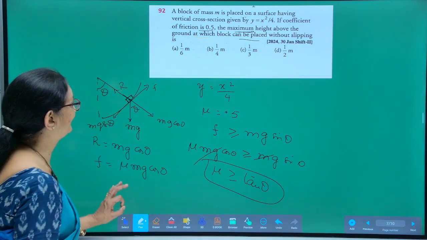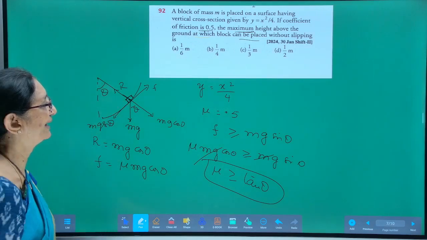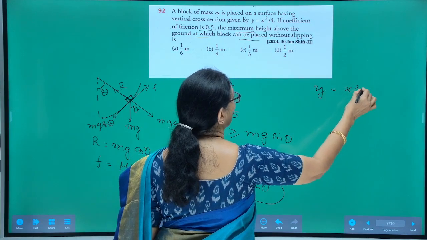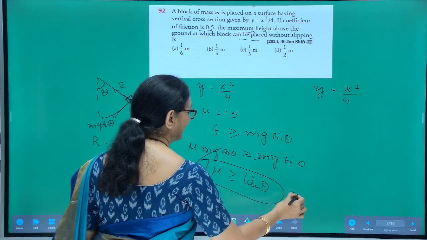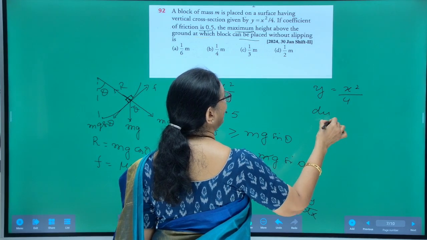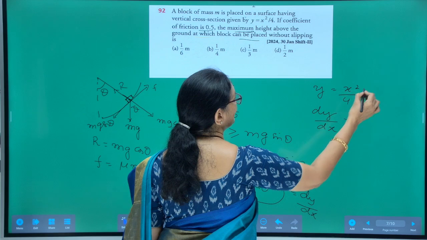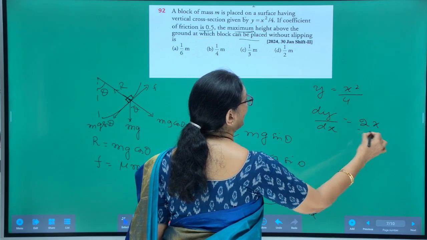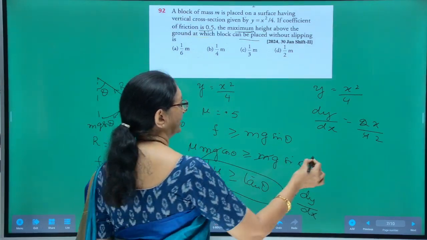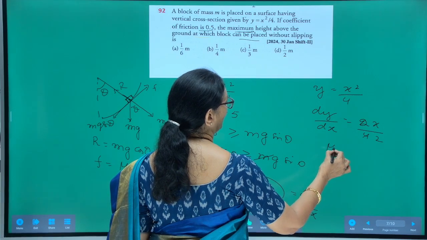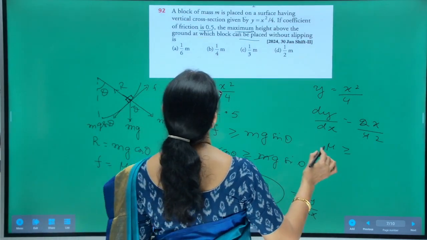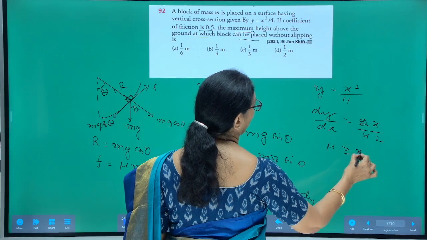Okay, tan theta is nothing but dy by dx, the slope. So y is equal to x square by 4, tan theta is dy by dx. So dy by dx from this, the derivative of x square is 2x by 4, this is x by 2. So from this expression, mu must be greater than or equal to x by 2, right, x by 2.